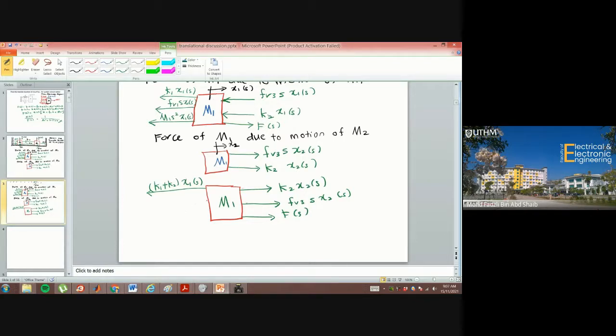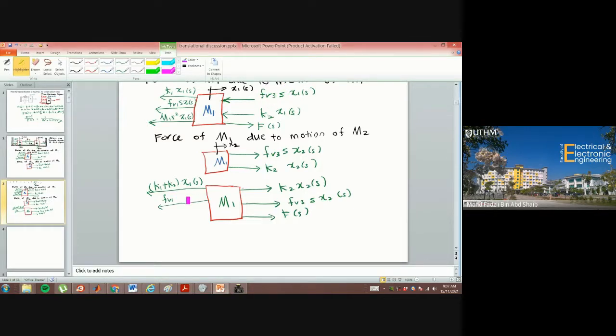Then we have FV1, left hand side. Okay, we have this. FV1 here, FV3 here. So we just plus.